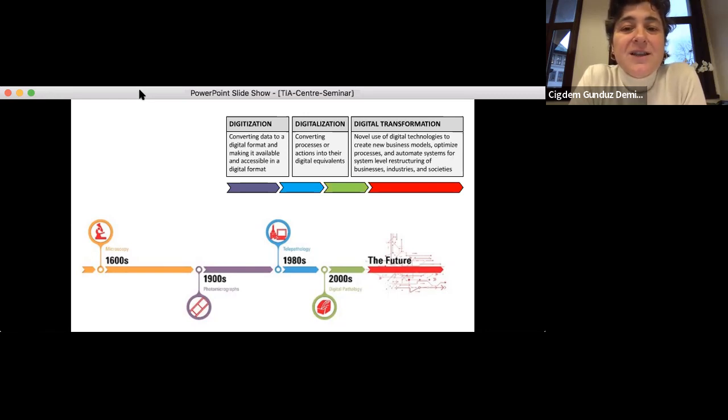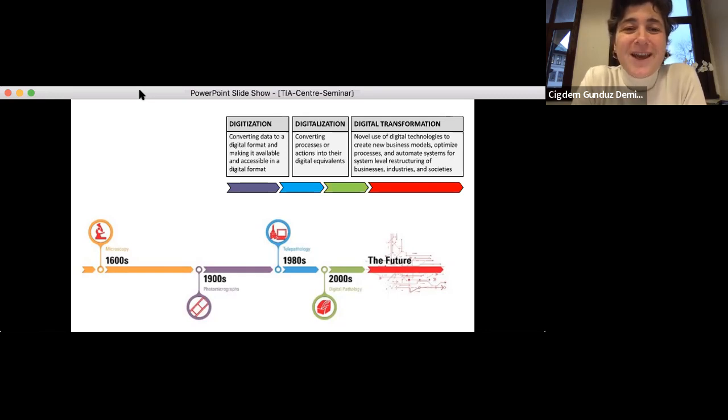In general, digital transformation can be defined as the novel use of digital technologies to create new business models, optimize processes, and automate systems for system-level restructuring of businesses, industries, and societies. From the perspective of pathology, we may envision the use of automated systems or decision-support systems in the common practice of pathology.